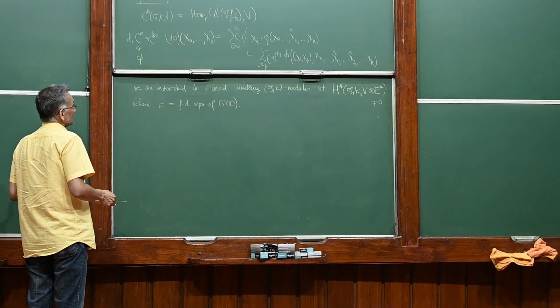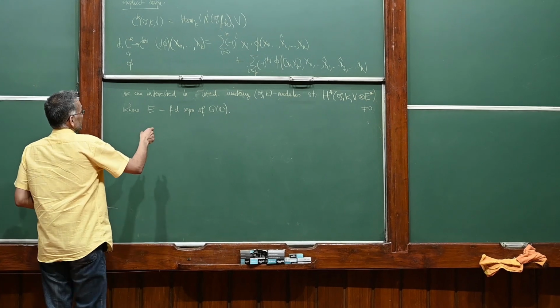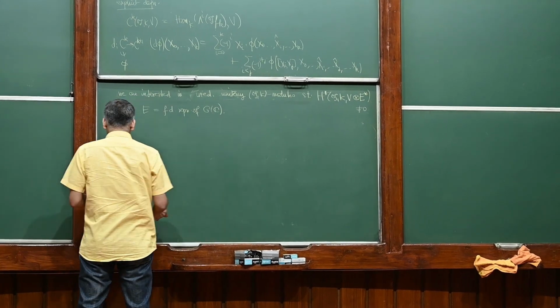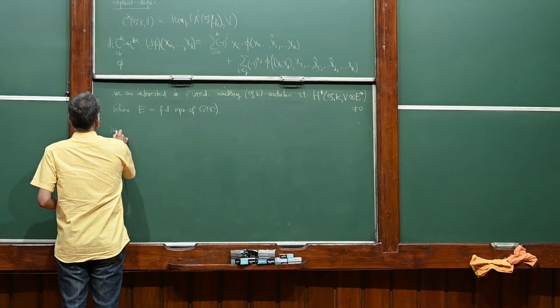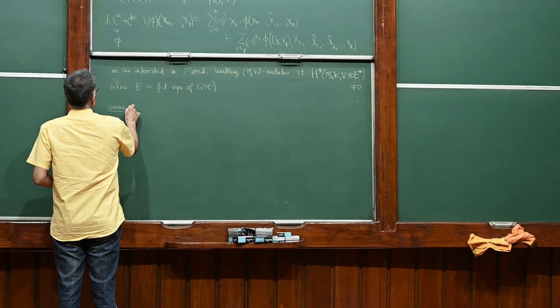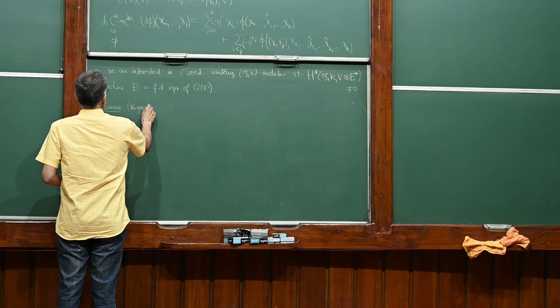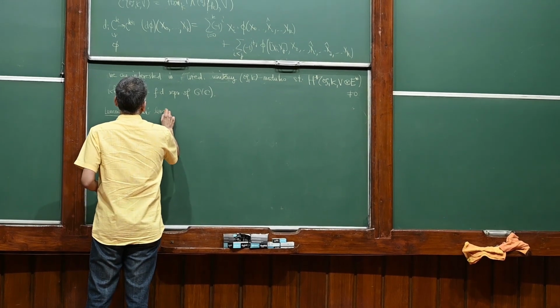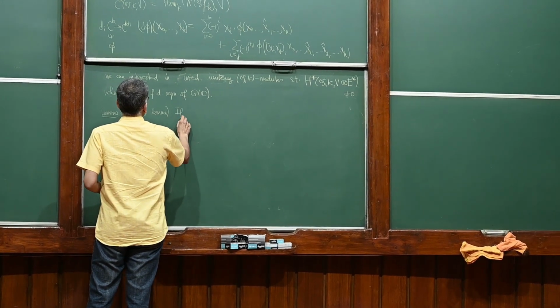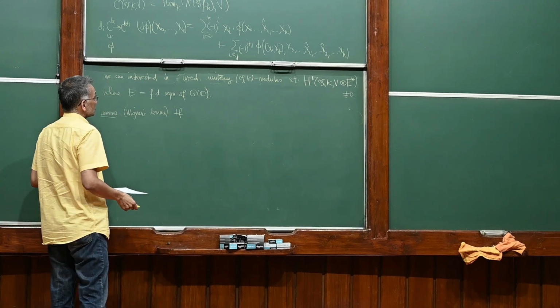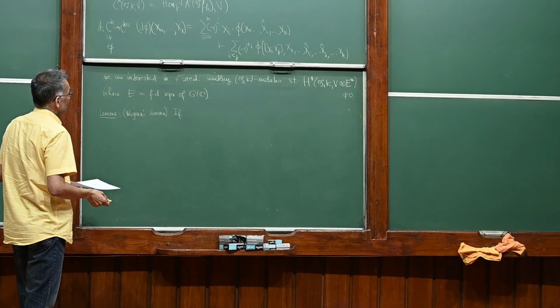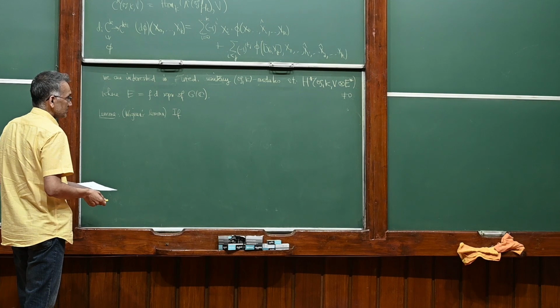There are some simple remarks to be made. There is one very basic thing, known as Wigner's lemma. Irreducible unitary (g,K) modules have an infinitesimal character.